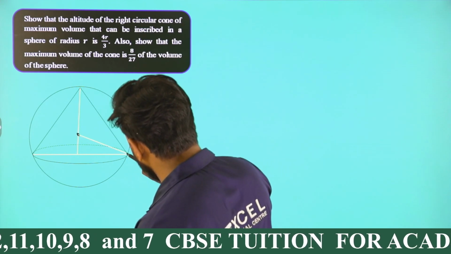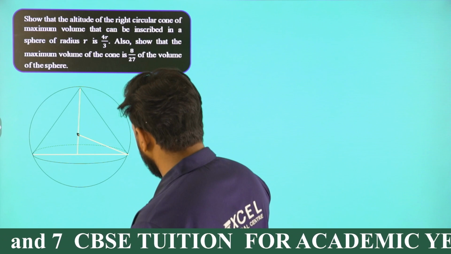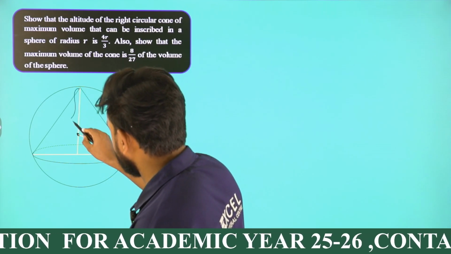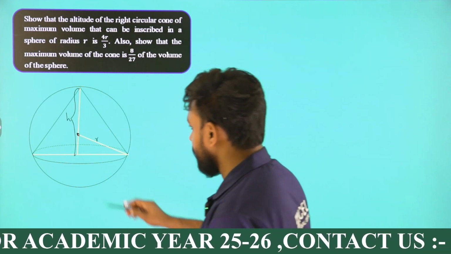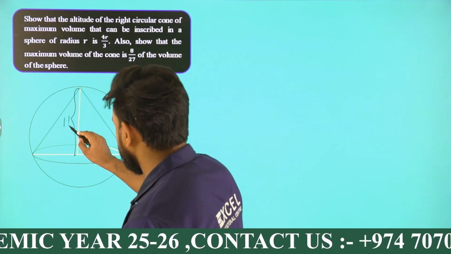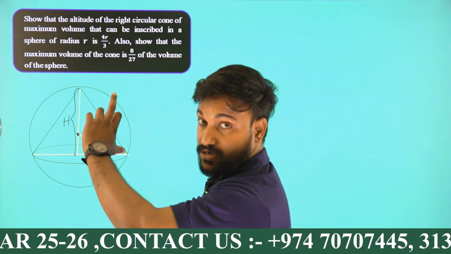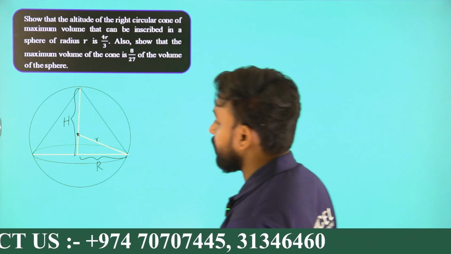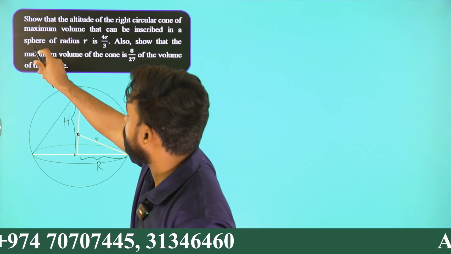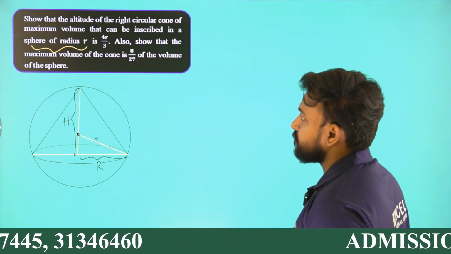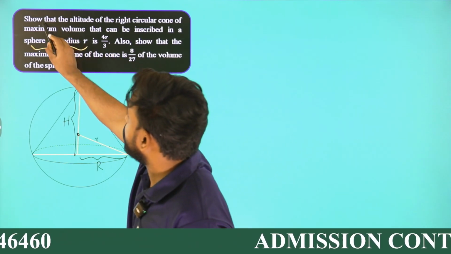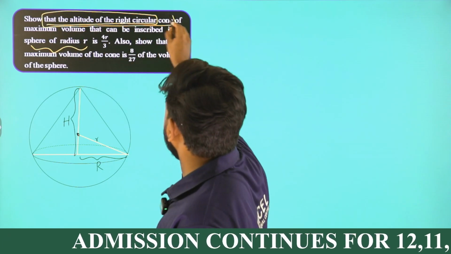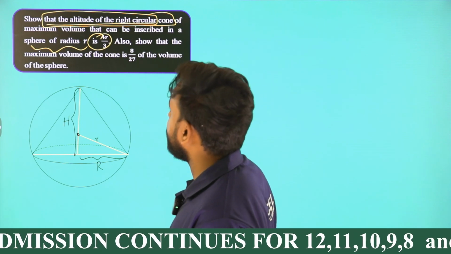From the center, they have given that the length to the sphere is the radius, and I'm calling this length h, and that length capital H, the height of the cone. The radius of the right circular cone I'm calling capital R, and the radius of the sphere is small r. Ready?